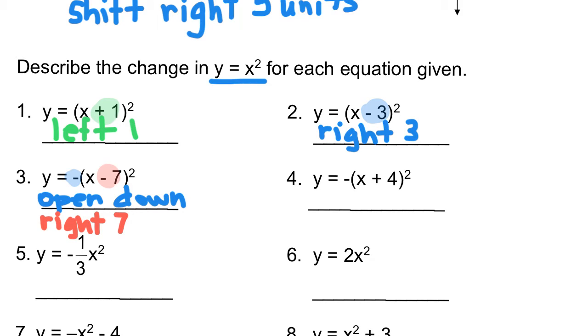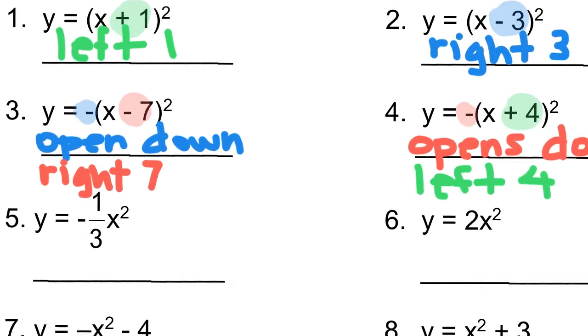On number 4, there are also 2 transformations. Please pause the video and see if you can find both of them. So if you concluded that this quadratic function opens down and goes left 4 from the quadratic parent function, you would be correct.